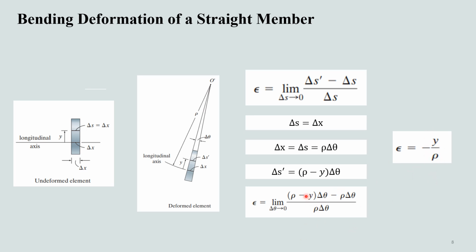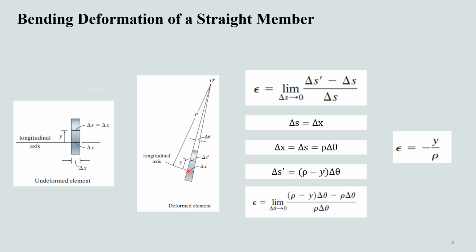Sorry, this is not p, this is rho, and thus we are left with minus y over rho, or minus y over this hypothetical radius. This important result indicates that the longitudinal normal strain of any element within the beam depends on its location y on the cross section and the radius of curvature of the beam's longitudinal axis at the point.